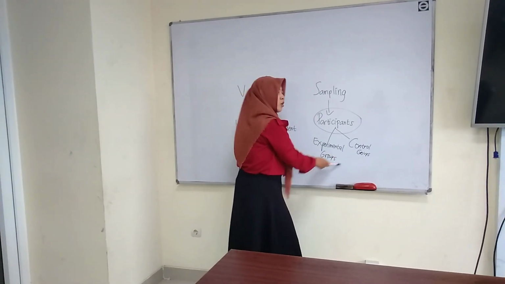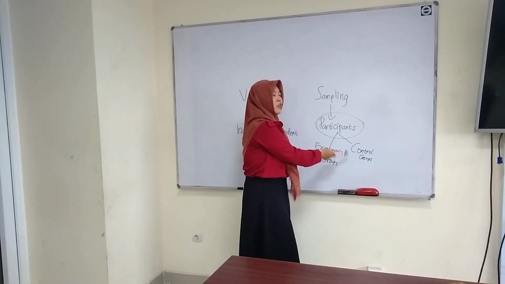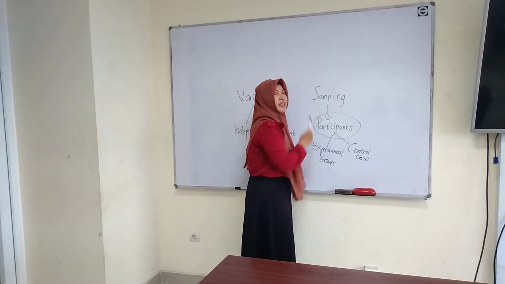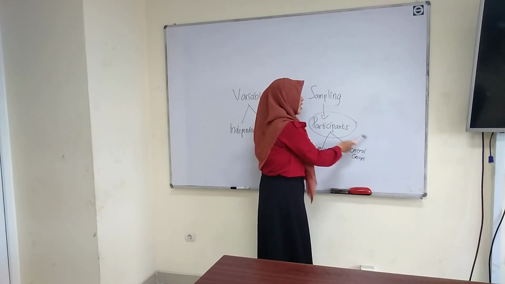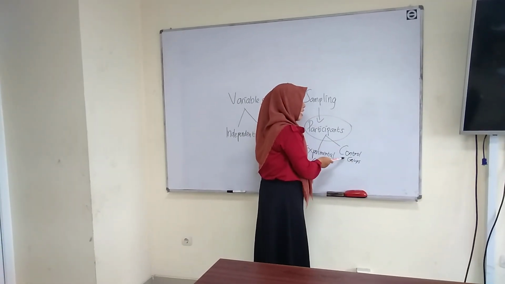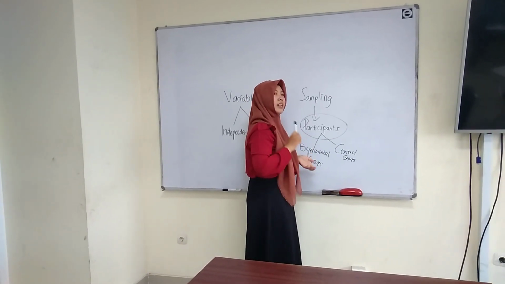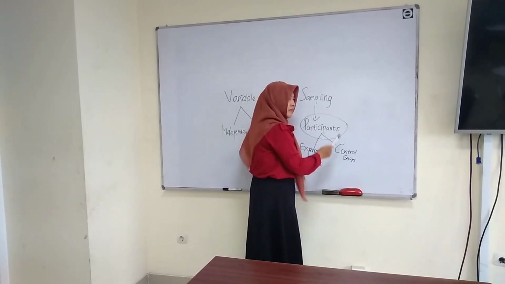Experimental groups are the groups that are given treatments in experimental research. And then the second one, we have control groups, which we can give treatments or we can have no treatments for them.